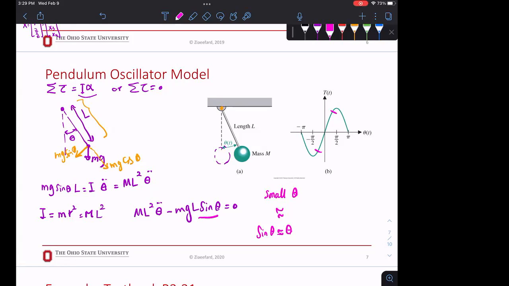Now the equation becomes ml squared theta double dot minus mgl theta. Now, is this LTI? Yes, because the coefficient of this is a fixed, constant number. This coefficient is a constant number. Theta, theta dot, and theta double dot are as expected just the derivatives of our state vector.